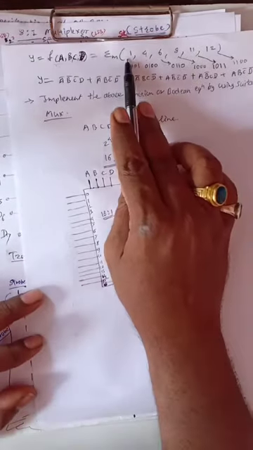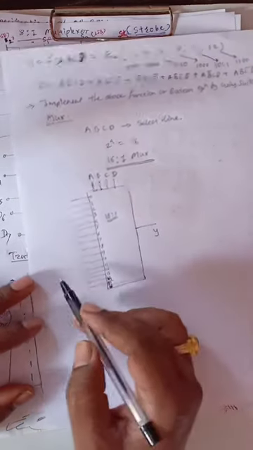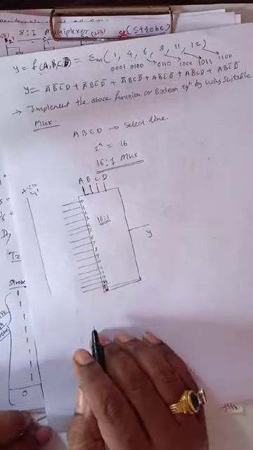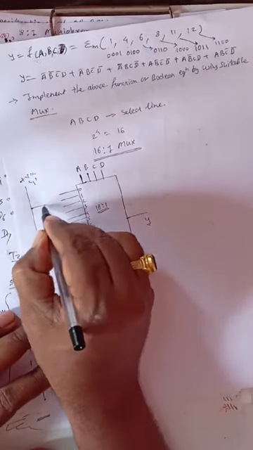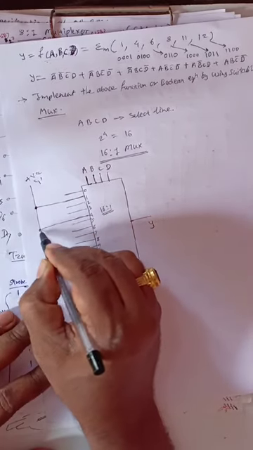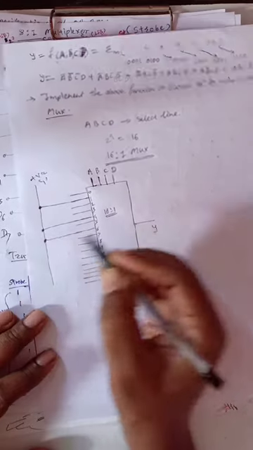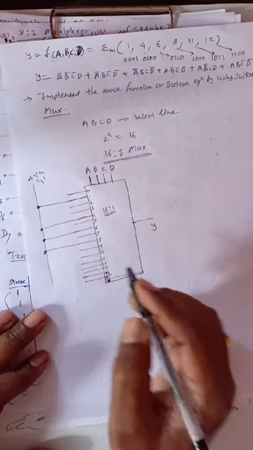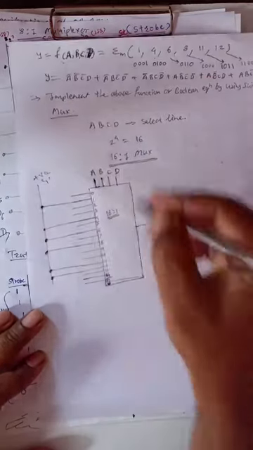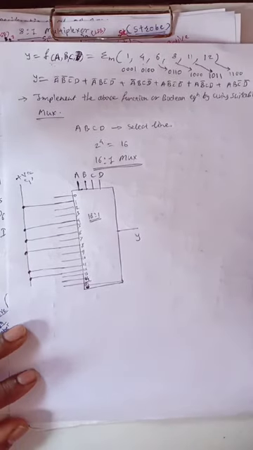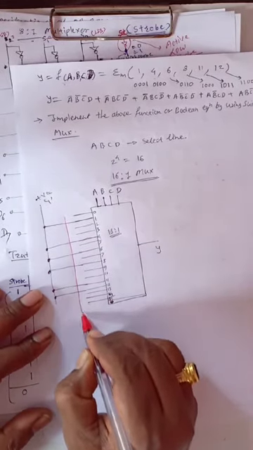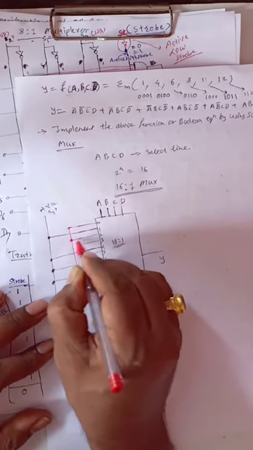It is very simple now. Input number 1, 4, 6, 8, 11 and 12: these numbered inputs you have to connect to plus VCC, that is logic level 1. A dot indicates a connection.